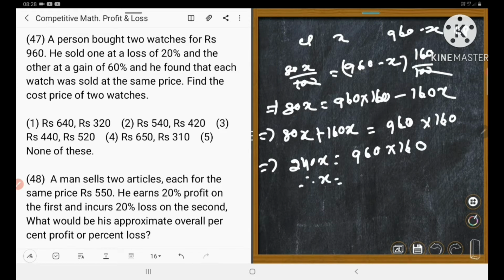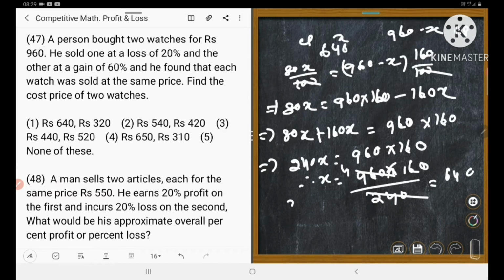Therefore x is equal to 960 into 160 upon 240, which is 640. The first one is 640. The second one is 960 minus 640, which is 320. Which is correct? Number 1 is correct.